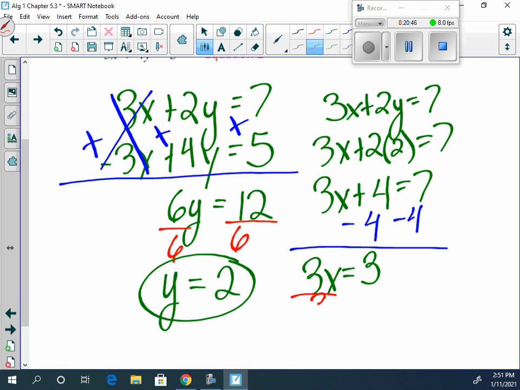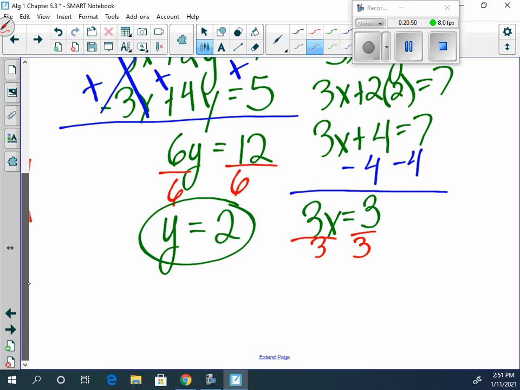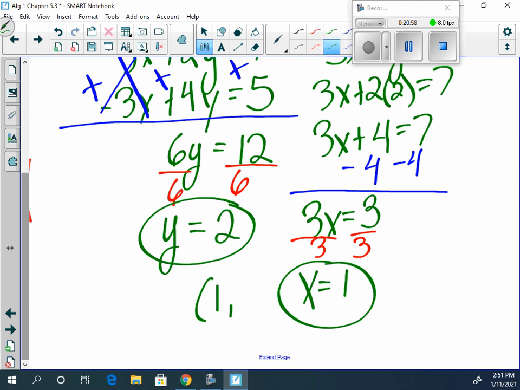And we divide both sides by 3. X is equal to 1. So the point of the solution is 1, 2.